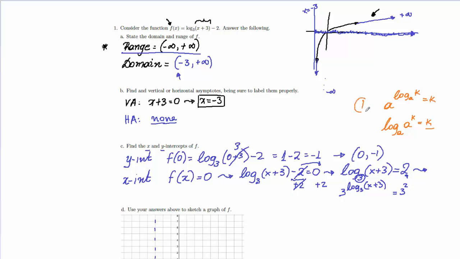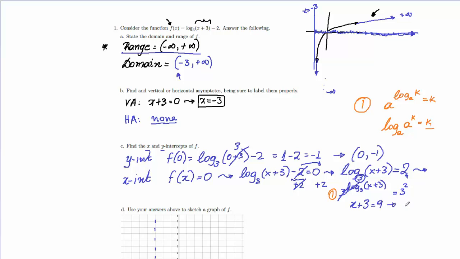I'm going to use the second form right here, because this is what I have: 3 to the log base 3, a to the log base a. So I can cancel the 3 to the log base 3, and the result that I will get will be x plus 3. So x plus 3 is equal to 3 squared, that is 9.